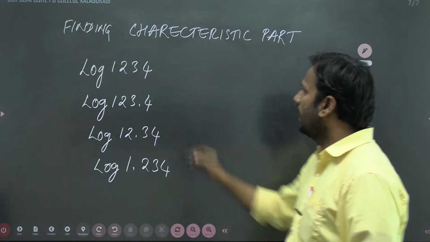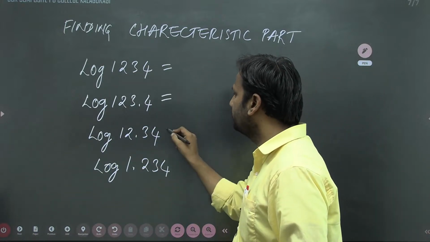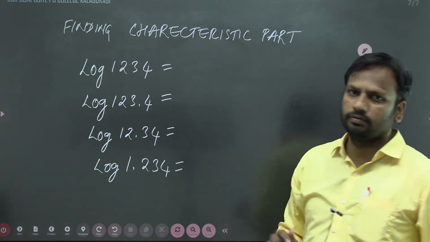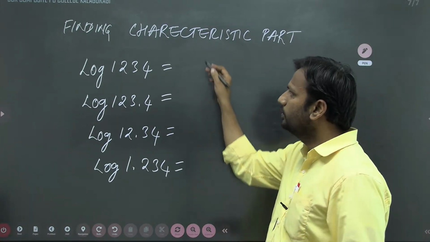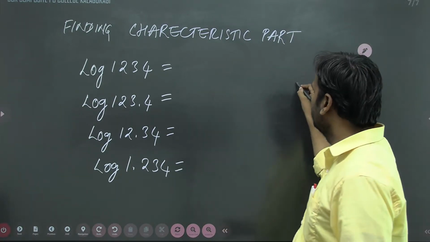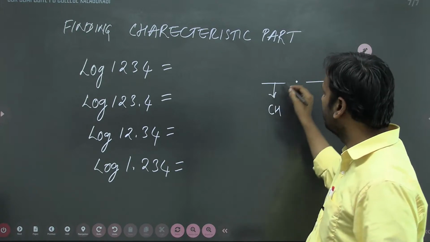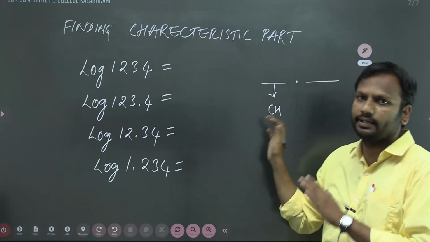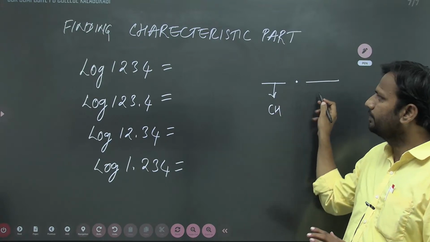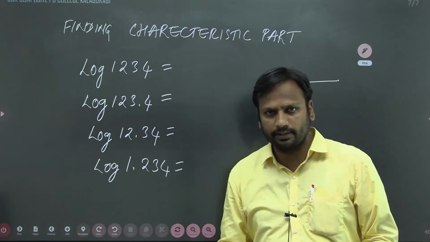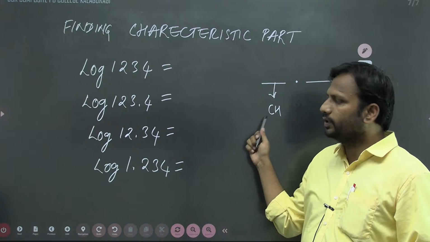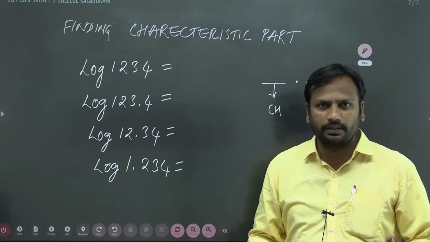Now you see, I want the log value of these things, and that too only the characteristic part. I told you the integral part is nothing but the characteristic part. I'm dealing with only the characteristic part now, and how to find the Mantissa part I'll explain later. So now let us first find out how to find the characteristic part, students.